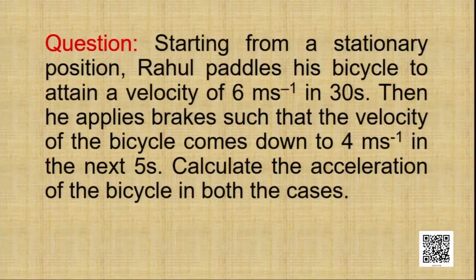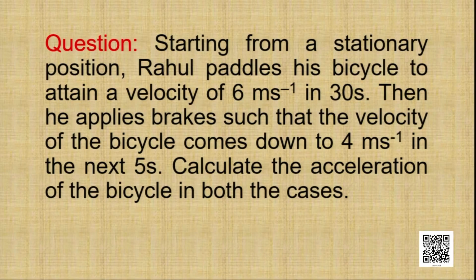So what information do we have here? We have that Rahul starts his bicycle from stationary. Stationary means the initial velocity will be 0, and it reaches a velocity of 6 meter per second in 30 seconds. That means the velocity has increased. There is a change in the velocity, so definitely there will be some amount of acceleration that we will calculate.